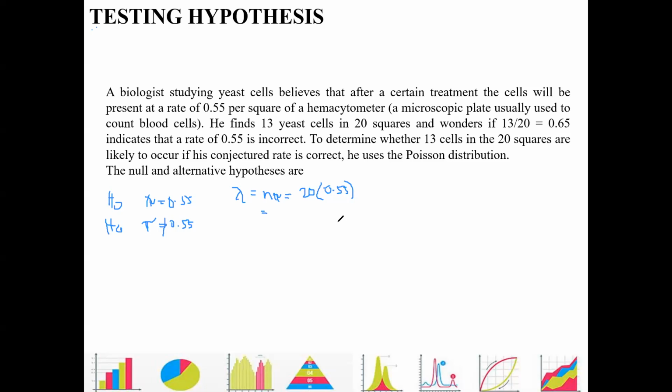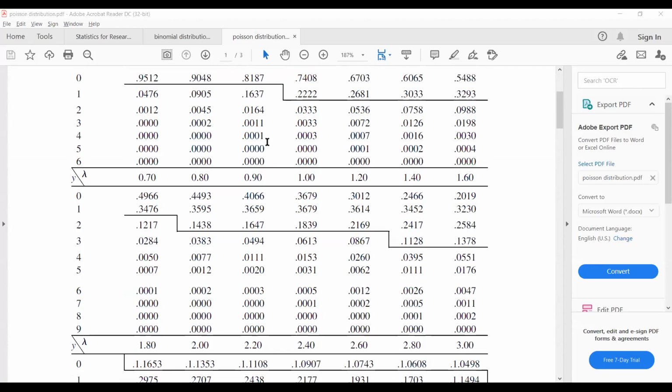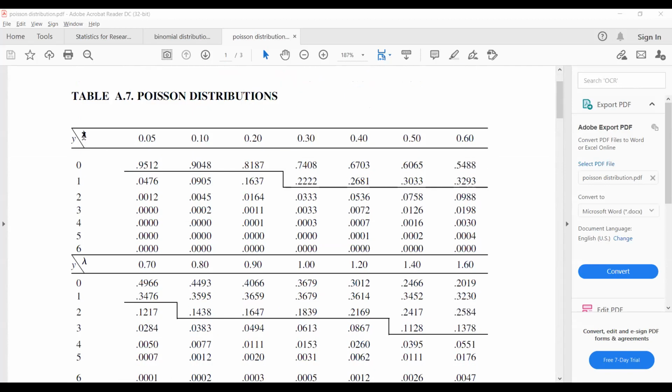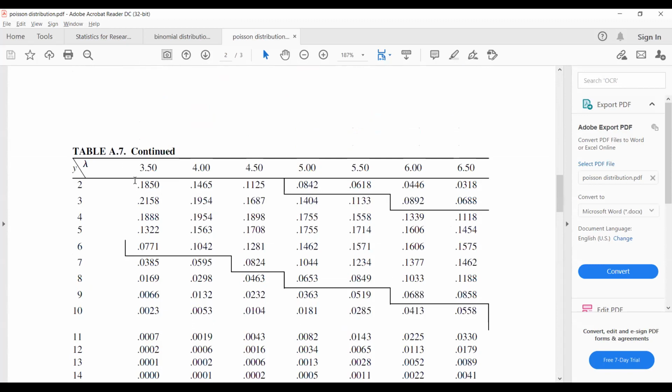So, nabuksan nyo naman, na-browse nyo na yung ating Poisson distribution table. Now, the Poisson distribution table is something like this. So, we look for the lambda and the y, and then titignan natin kung saan yung region of rejection.